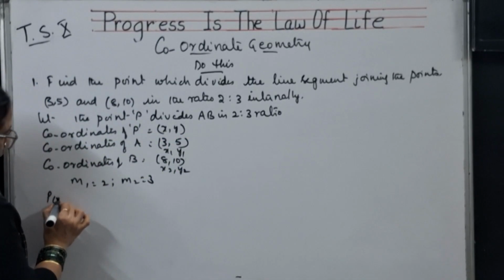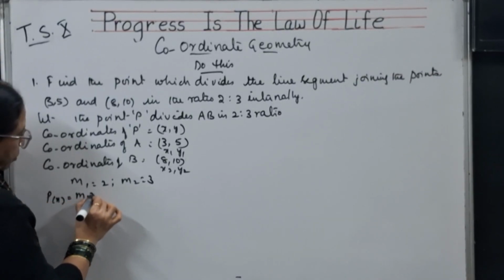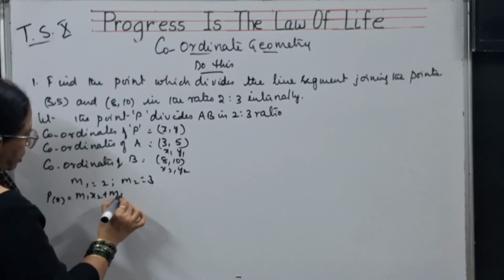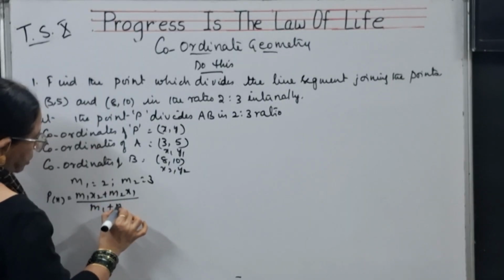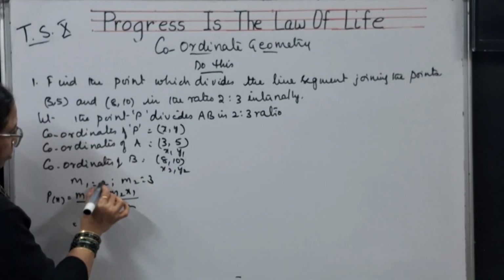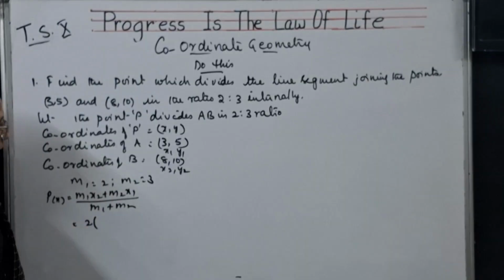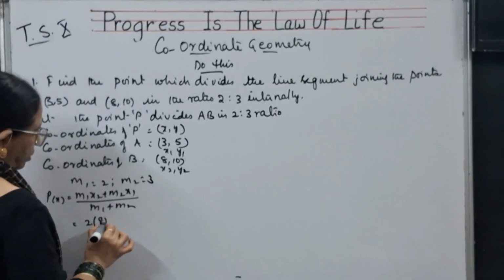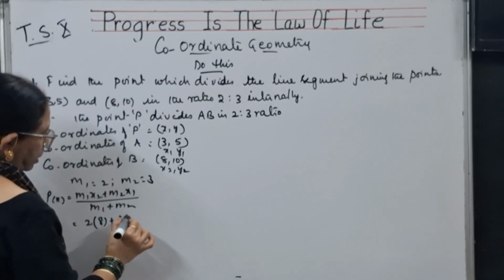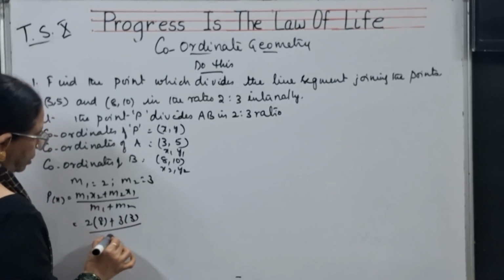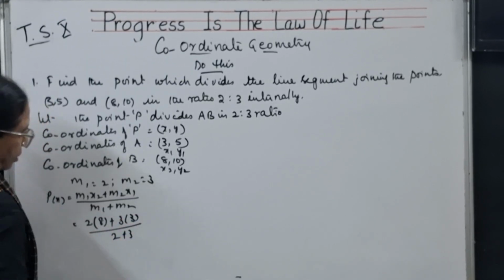So what is P of x? (m1 x2 plus m2 x1) by (m1 plus m2). m1 2 into x2 8 plus m2 3 into x1 3 by 2 plus 3.